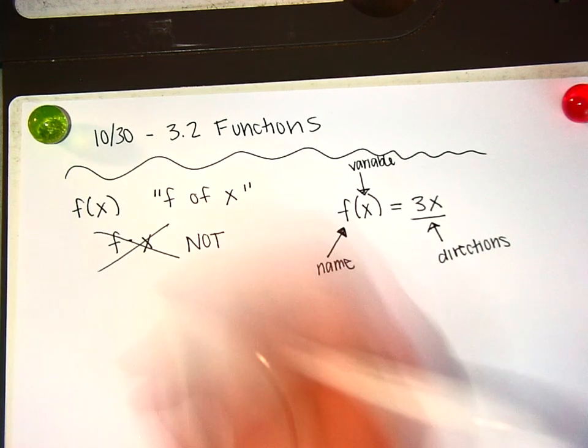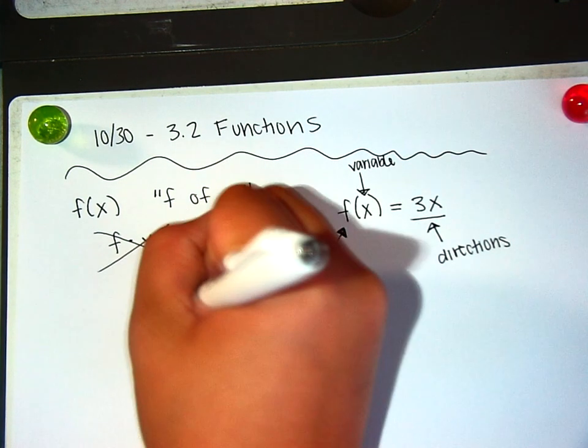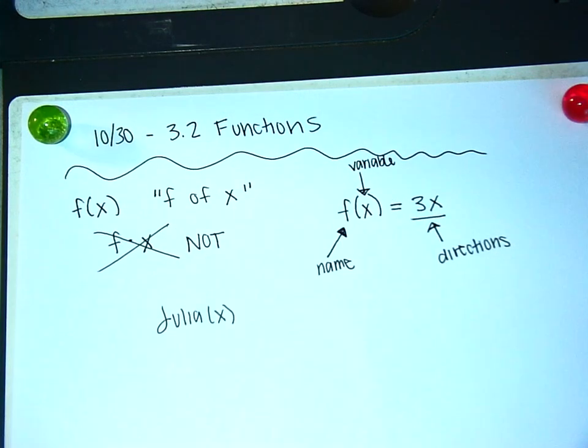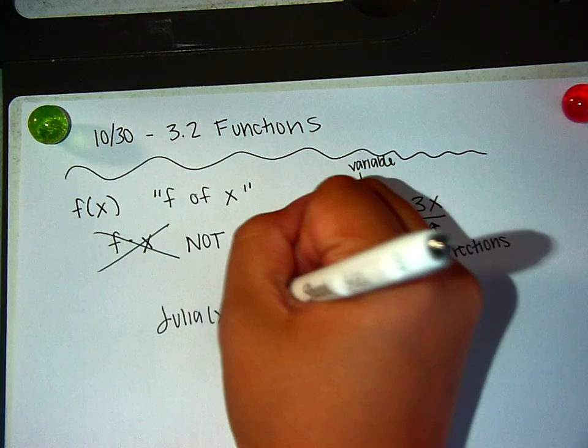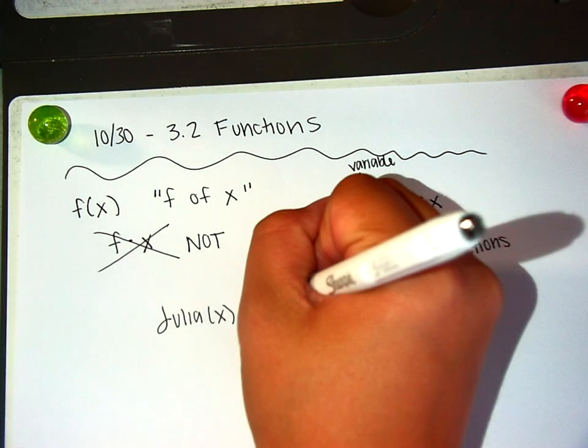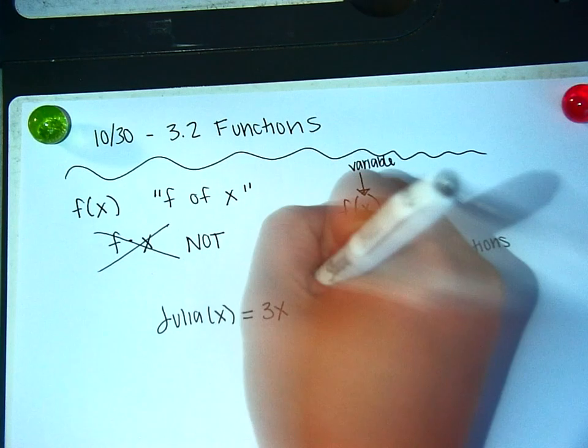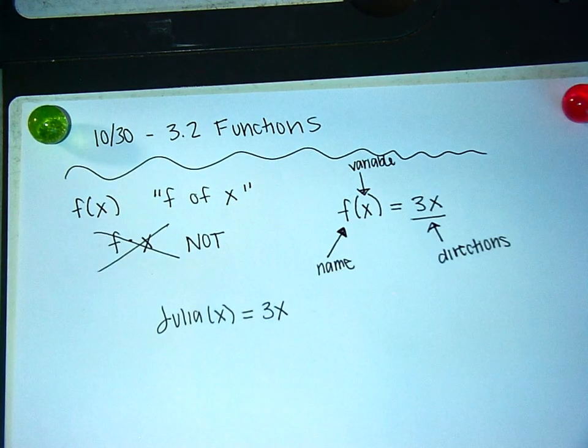For instance, let's say Julia of x equals 3x. What does 3x mean? What's happening between the 3 and the x? Multiplication.